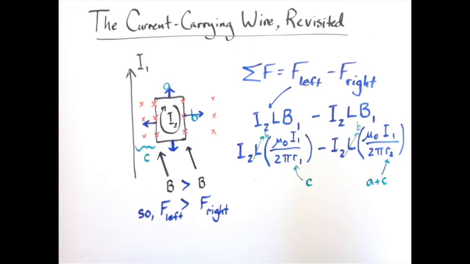First thing is the length of the wire is this dimension here, which is labeled as B. So that's going to be the same for both of those terms there. Okay, so thus I've labeled L is going to be replaced with the letter B. R1, that's the distance to the left side. That is, as you can see from the diagram, just C. And then R2 is the distance to the right side of that rectangular loop, which is going to be A plus C, whatever those are.